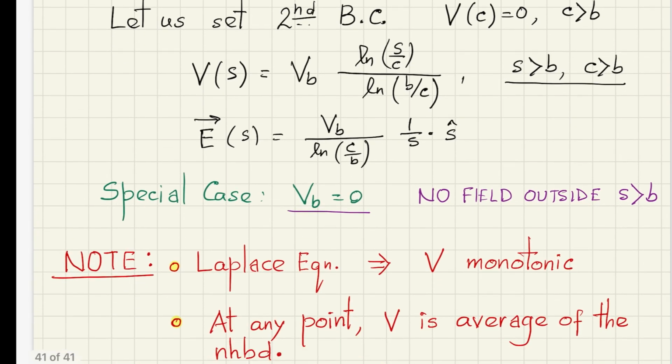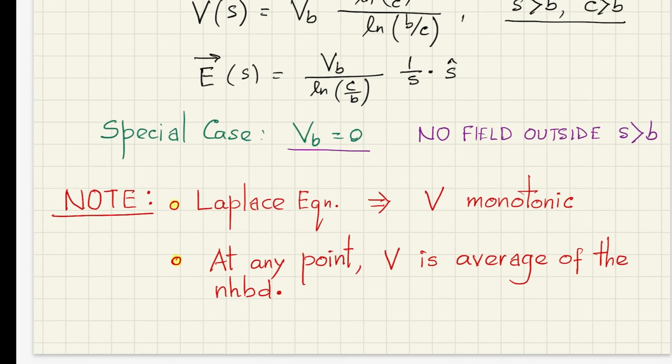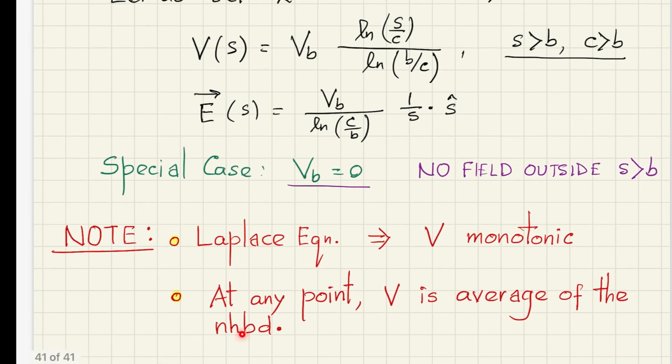So all these three examples I've given to make the repeated point that the Laplace equation, saying that the curvature is 0, leads to, in all the three cases, V being monotonic. At any point, V is the average of the neighborhood. Those are the two characteristic features of the Laplace equation, however complicated the situation is.